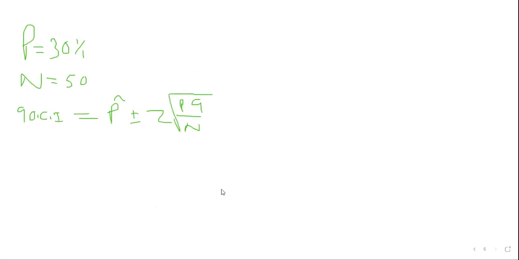Right, so our proportion is 0.3, meaning the remainder is 0.7. This will be our q. P is 0.3, q is 0.7. The two must add up to 1. So we're going to have 0.3 plus or minus.